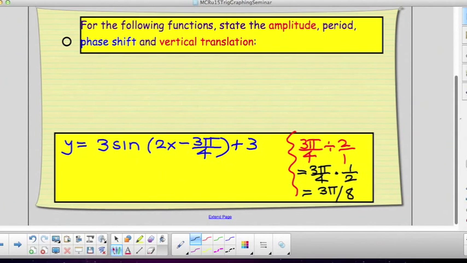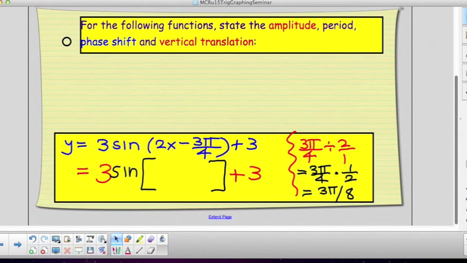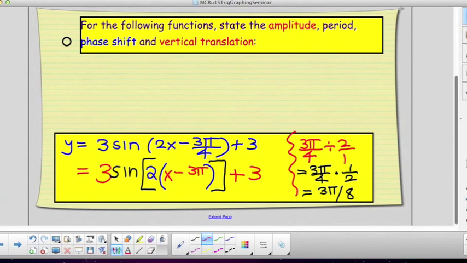Okay, so I can rewrite this equation as y is equal to 3, then I have my positive 3 at the end, and then I can write it as sine, take the 2 out, and left with x minus 3 pi over 8.